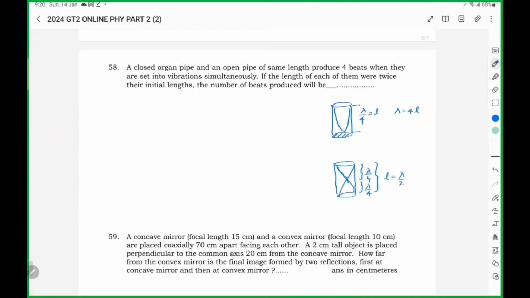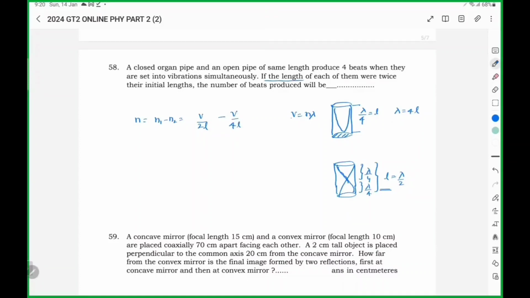So here, the number of beats will be N1 minus N2. Here V is N lambda. So in one case, N1 is V by 2L, and N2 will be V by 4L.